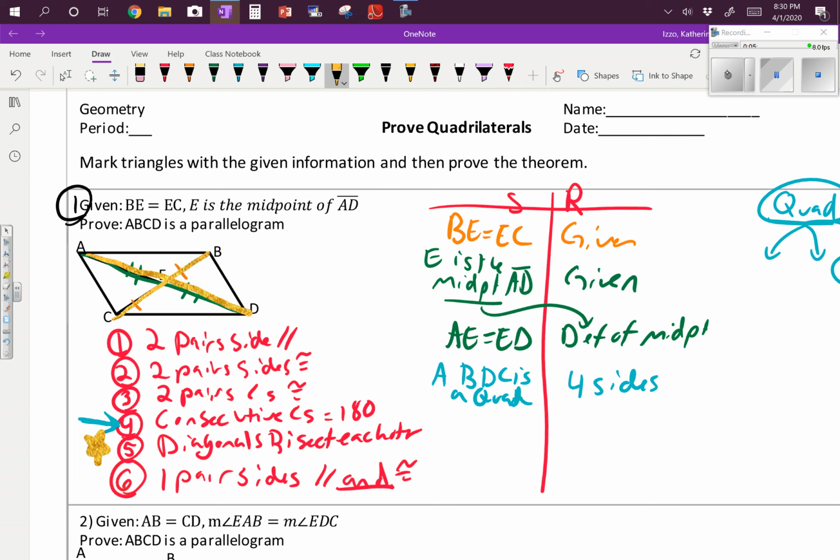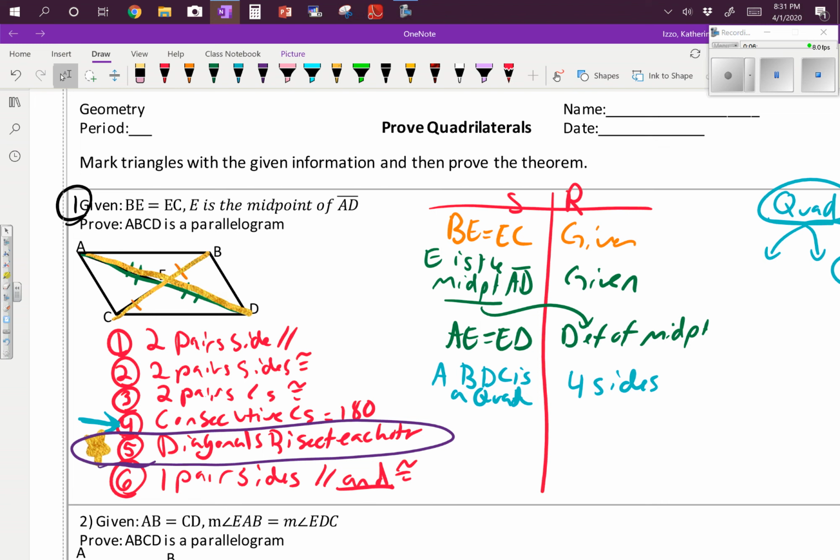Diagonals bisecting each other mean those diagonals are chopped up, and we already have that. That is actually the best one to use for this proof. As I say, you could use pretty much everyone except for number 4, and depending on what you do, depends on how long your proof is.